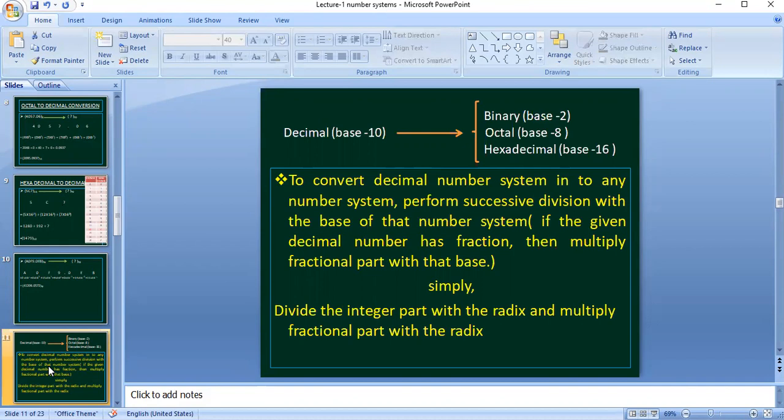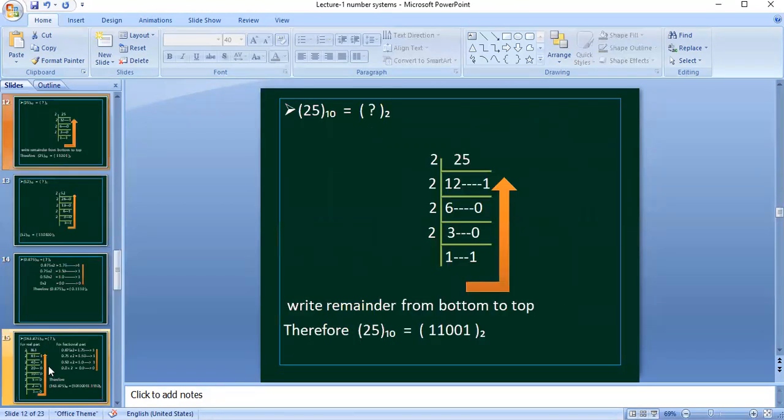Here I'm taking a decimal number, 25, and converting it into binary.